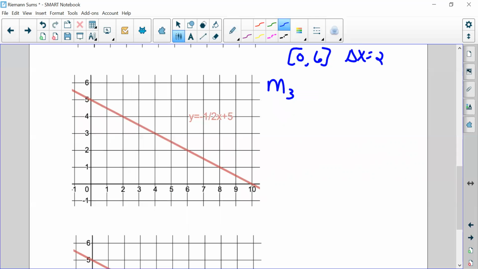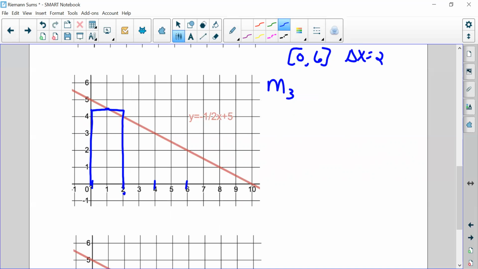So each rectangle is going to be 2 wide. But to determine how high it is, I look at the midpoint of that interval. So I have to figure out what's the number in the middle of the interval from 0 to 2. 1. So I look at f of 1, and that determines the height of the first rectangle.